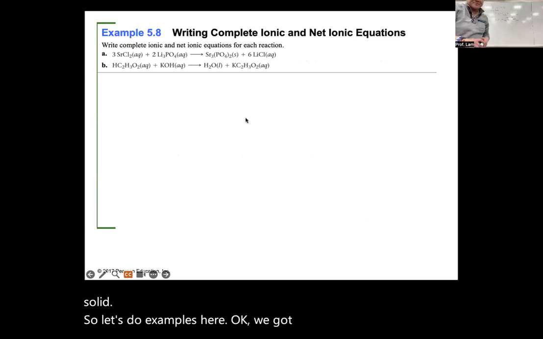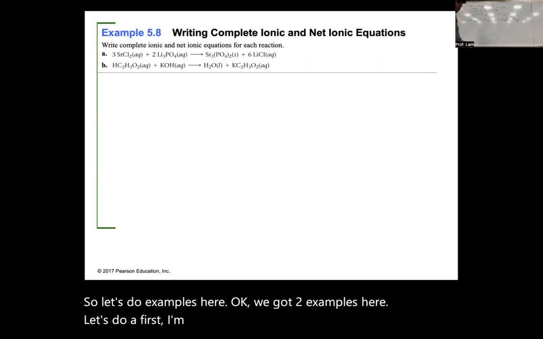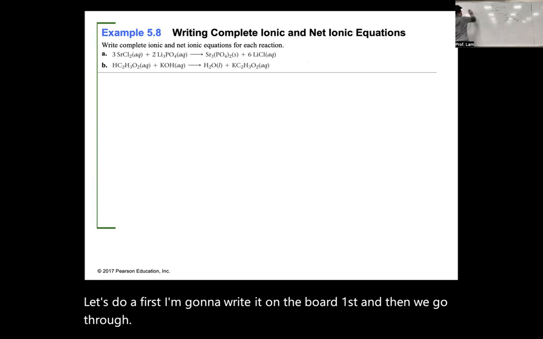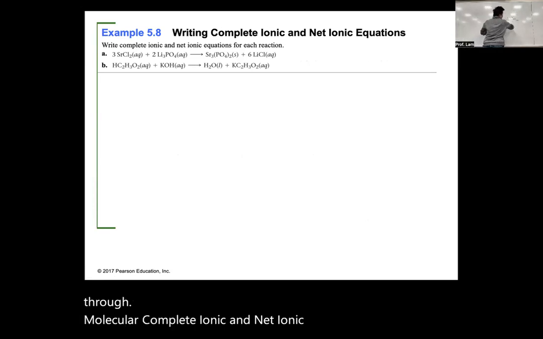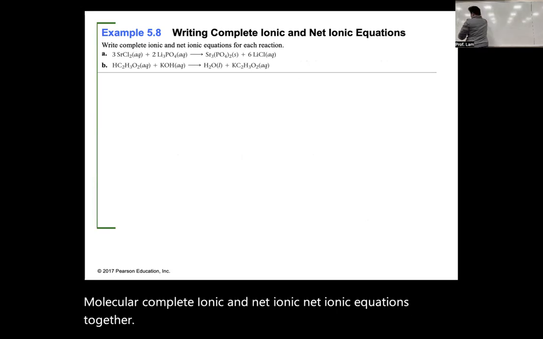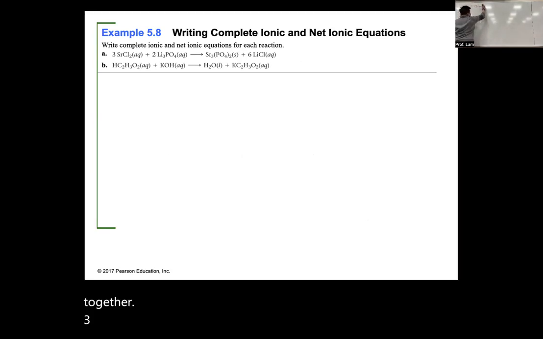Okay, let's do examples. We've got two examples here. Let's do A first. I'm going to write it on the board first, and then we go through the molecular, complete ionic, and net ionic equations together. 3SrCl2 plus 2Li3PO4 aqueous goes to Sr3(PO4)2 solid plus 6LiCl aqueous.